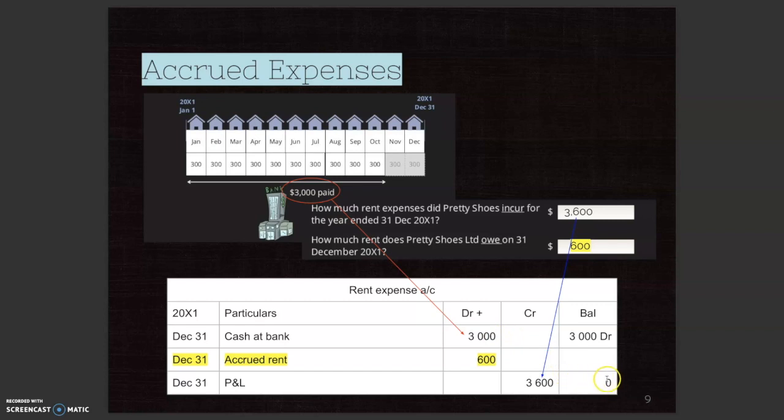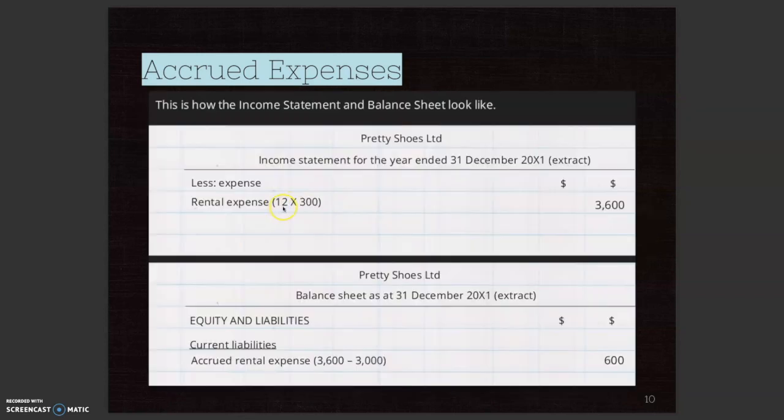That will cause your account to have a 0 balance at the end. Okay, and we will write here accrued rent in our particulars. The amount of rent that will be reflected in your income statement will be 12 times 300, but you did not pay the entire amount. The 600 is owing. It will be presented in your balance sheet as a current liability.